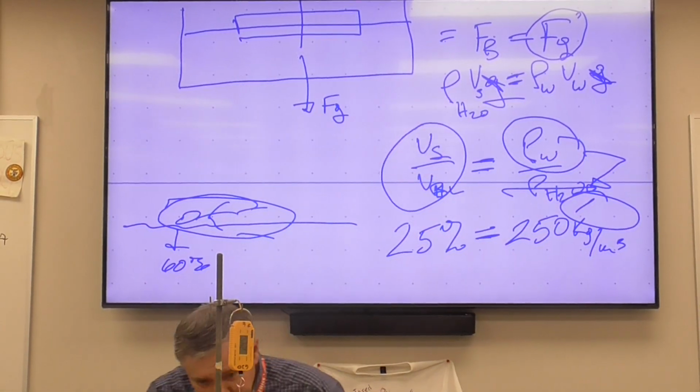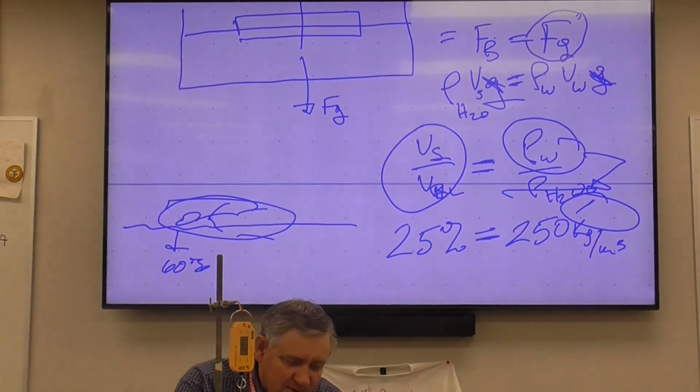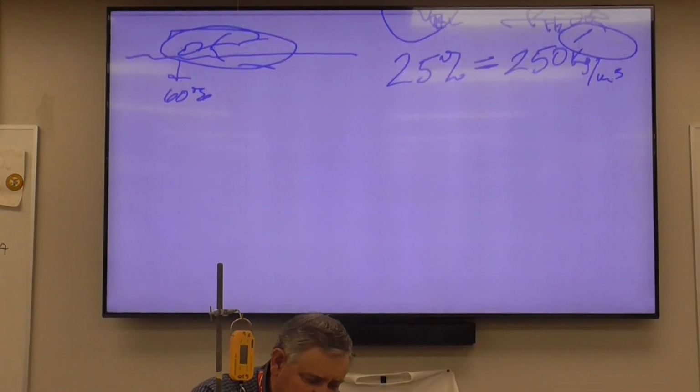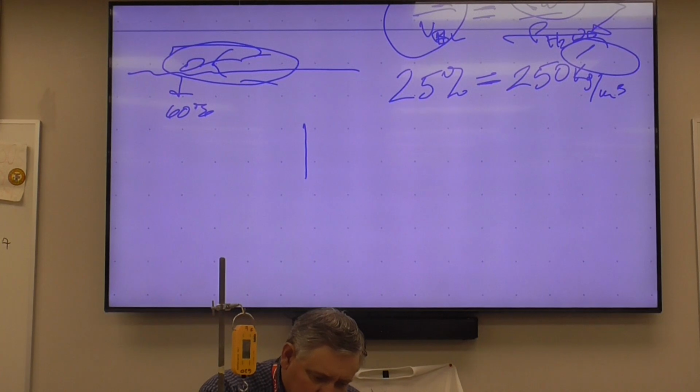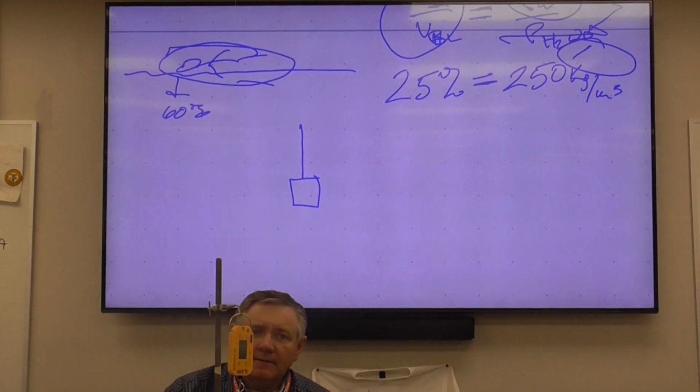Just a little bit of water, so you've got a three-force system. What are the forces acting on the block?